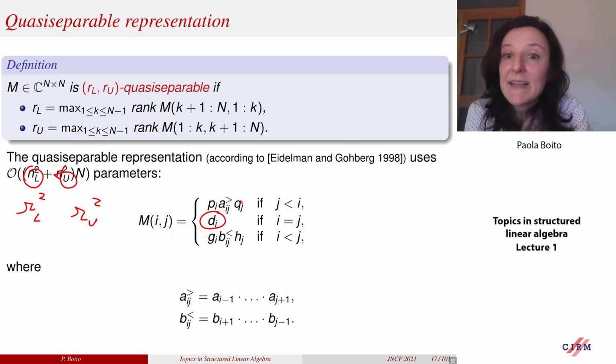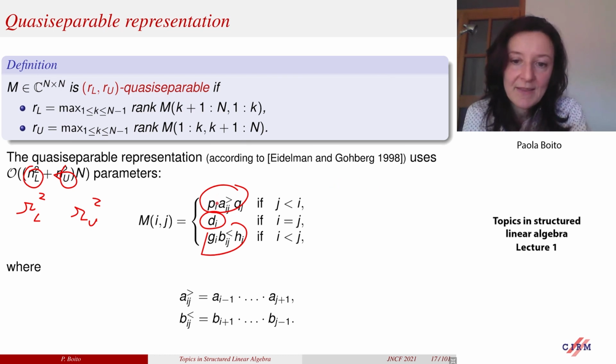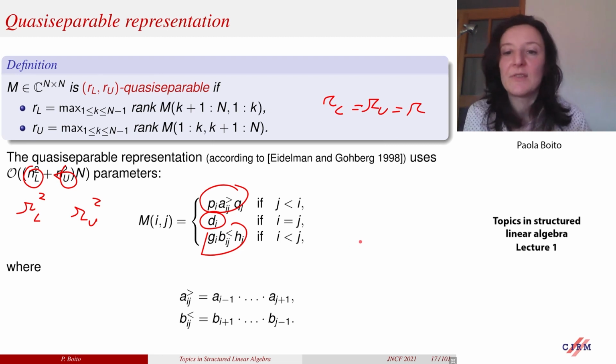In each of these triangular parts, we're going to use as generators a collection of row vectors, which will be the p_i or the g_i, and the length of these p_i or g_i is R_L or R_U. Let's simplify our notation and assume that R_L is equal to R_U is equal to R. Okay, so R quasi-separable matrix.